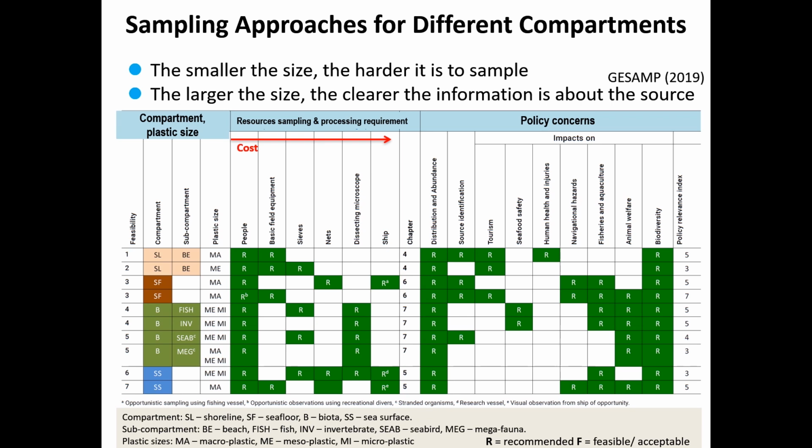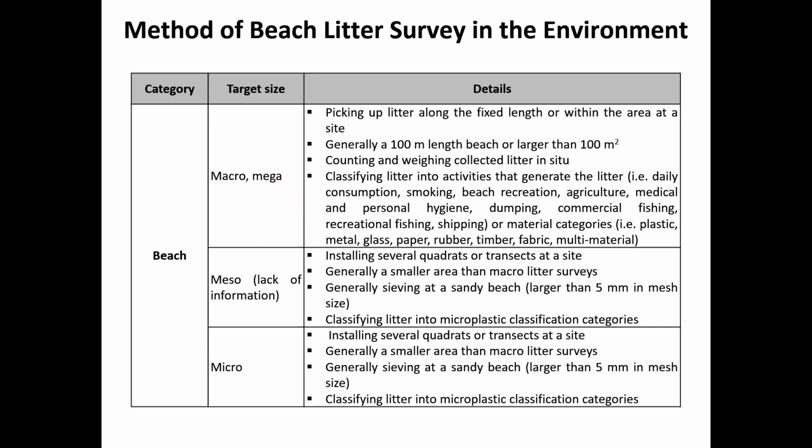And as you can see, policy concerns is relatively high in distribution and abundance and biodiversity. Going forward, I will be talking more about the details on the method, equipment, and data result.